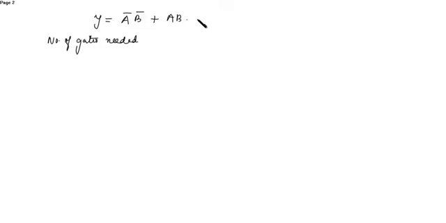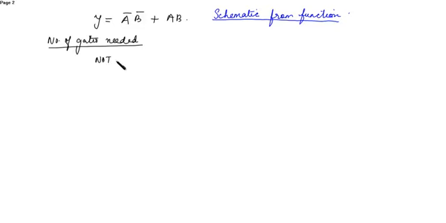If you try to draw the schematic from the function, keeping in mind the function, then the number of gates needed: NOT gates will be 2, for A bar and B bar.